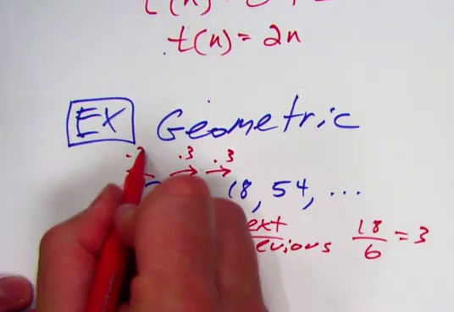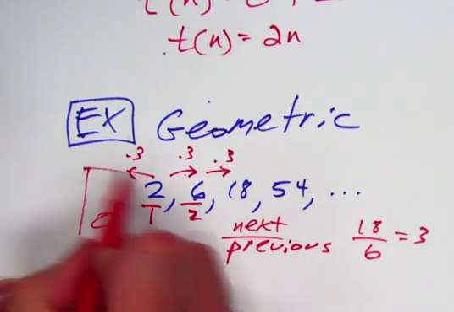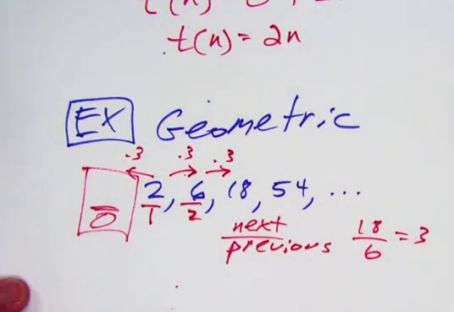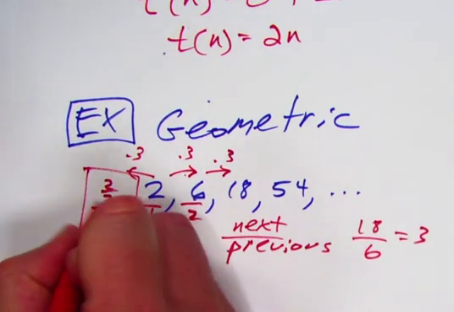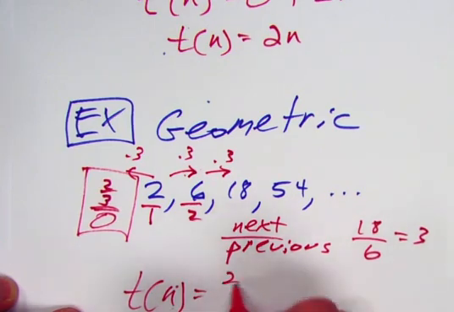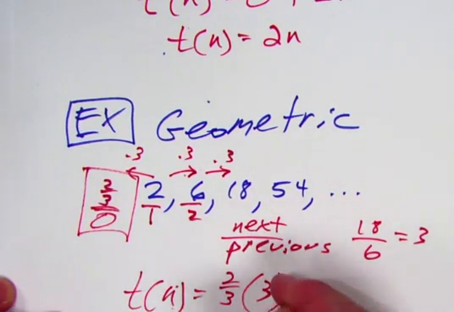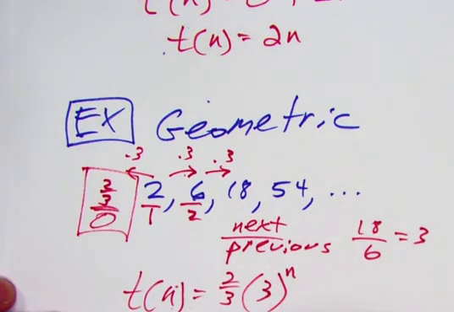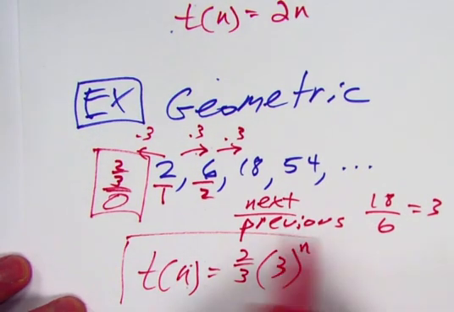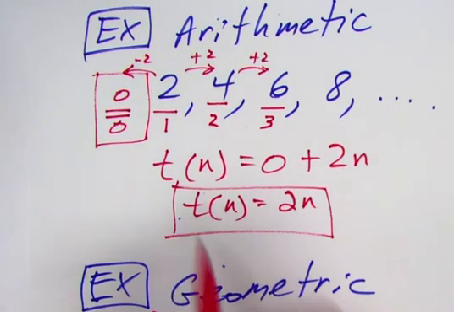Because this is term 1 and this is term 2, I need the 0 term of the sequence, because whatever's across from 0 is the initial value, or what it starts at. I divide 2 by 3, that would be 2/3. So this equation would be T of n equals 2/3, because that's what it starts at. Then it multiplies by 3 every time, and it's exponential, so the n goes up top. This would be our equation for that geometric sequence. Remember, those are that a times b to the x format. And this would be the equation of that arithmetic.